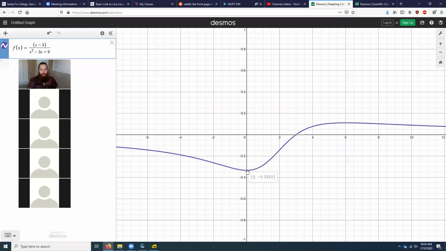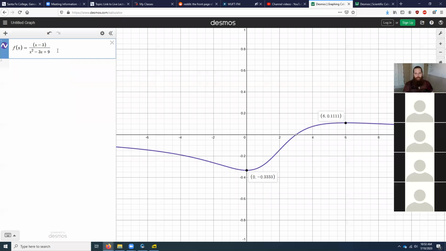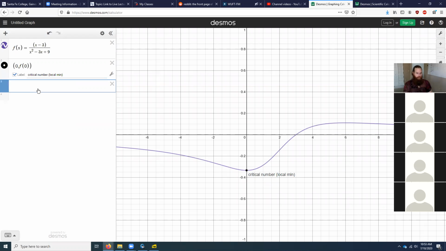All right, so the critical number at 0 is here. The critical number at 6 is here, all right? And you see that one of them is a local min, and the other one gives us a local max.